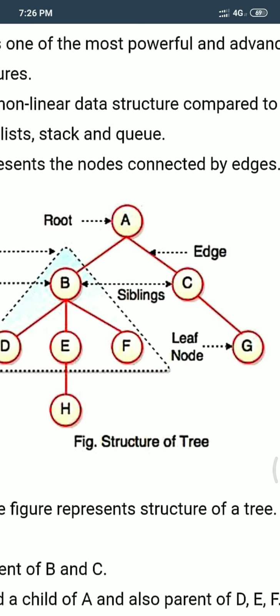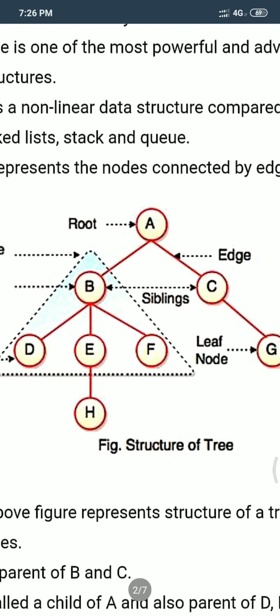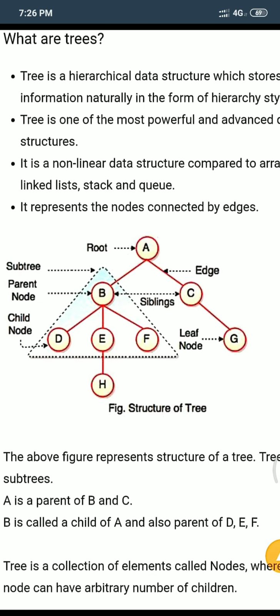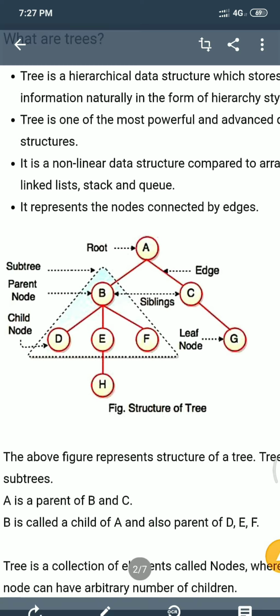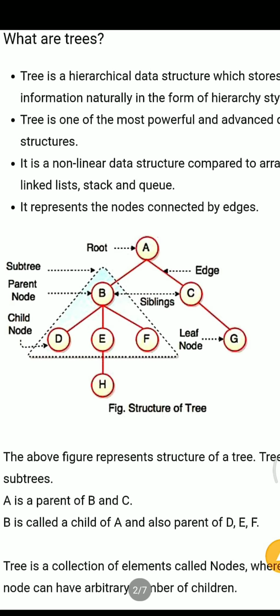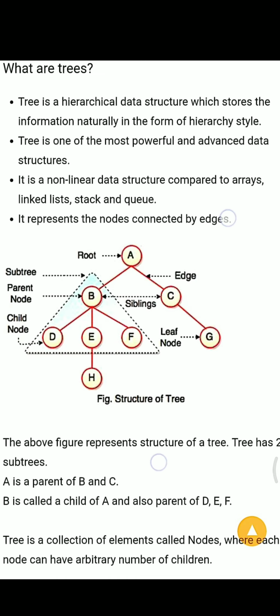Here A is called the root node, and B and C are the children of A. In a similar way, B is a child of A and also the parent of D, E, F.